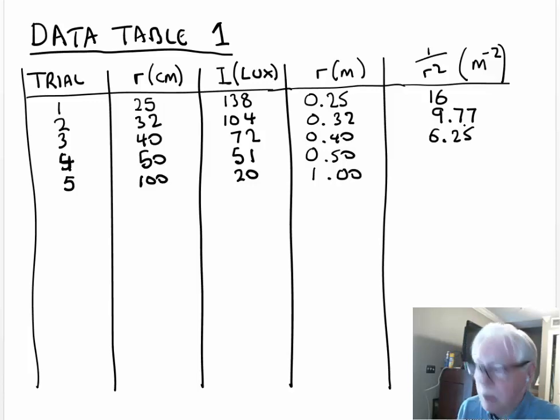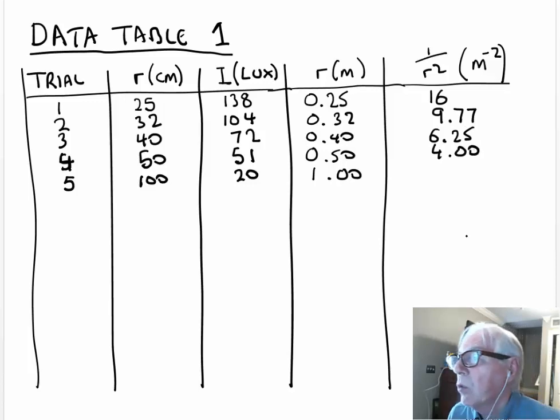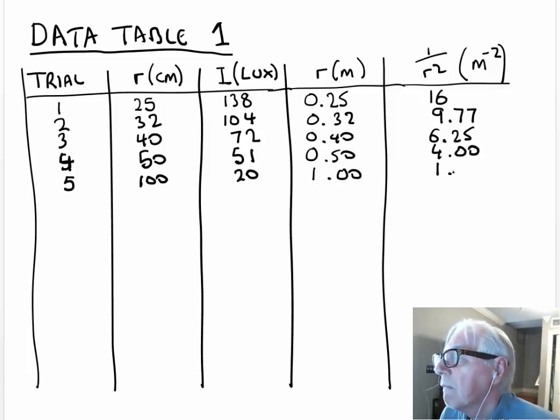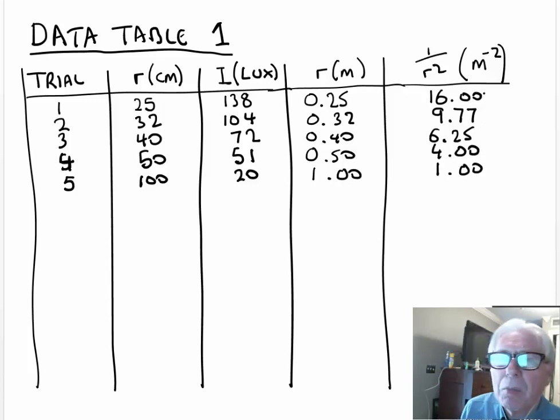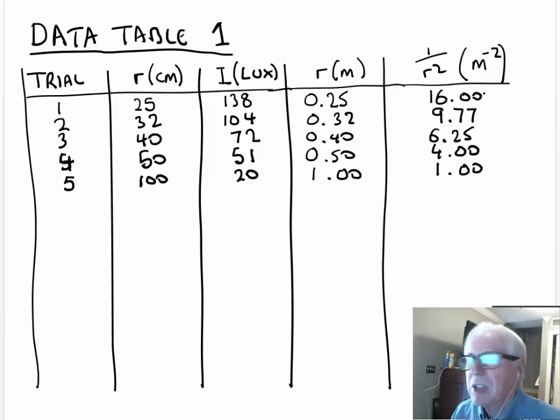And then we're going to turn around and say 1 divided by 0.5 squared, and that's going to be 4.00, and then 1 divided by 1 squared is 1. So there's my numbers. Let's go back to our graph and just see how we're doing.